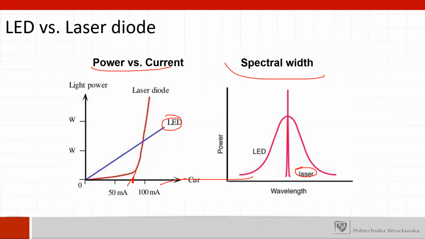When we have the LED, the emission is dominated by spontaneously emitted photons, which have a random phase and random distribution of parameters. So we will have a distribution of frequencies and wavelengths, while with the laser we will have a much narrower line. However, still in semiconductor lasers, this line is much wider than in other types of lasers.